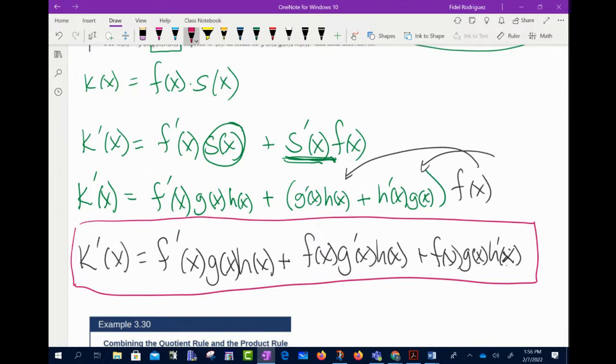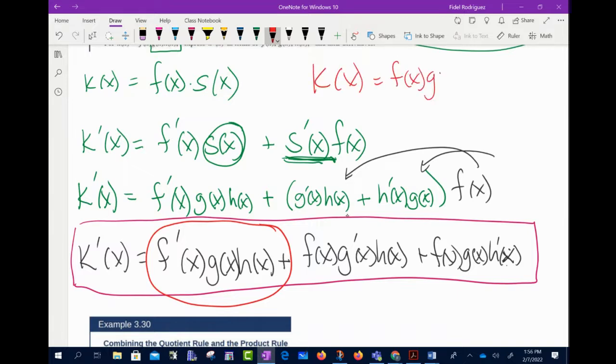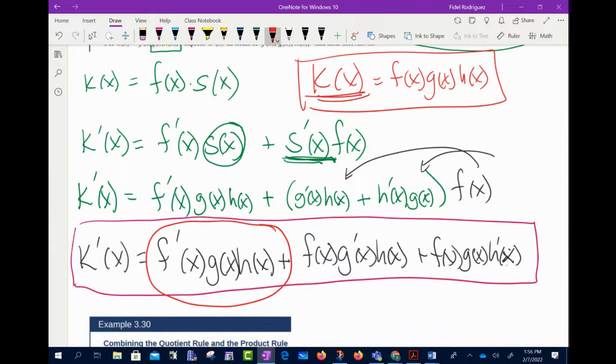What I want you to notice is what happens if instead of two functions, we have three functions. So if my original function k of x, y'all, is equal to f of x, g of x, and h of x, and we're going to take the derivative of that function, I want you to notice something.